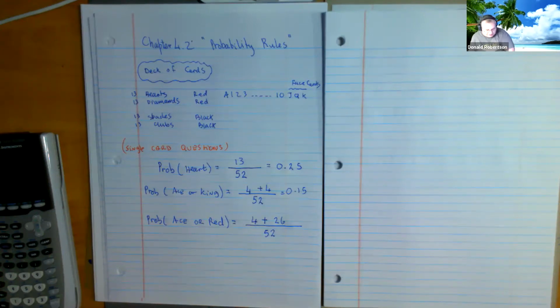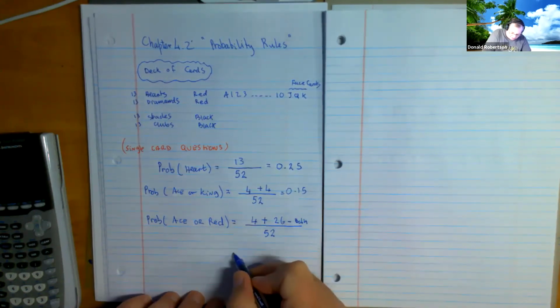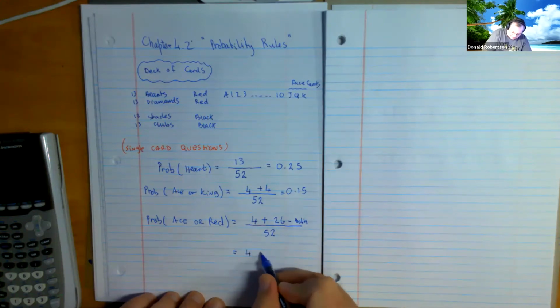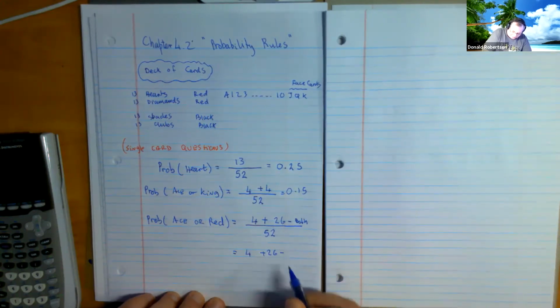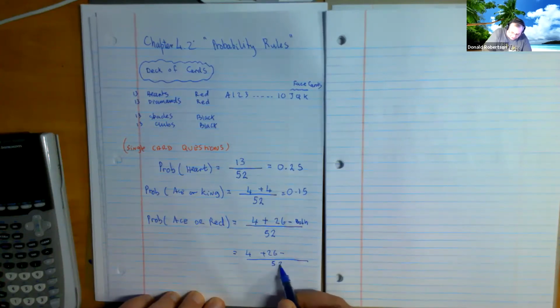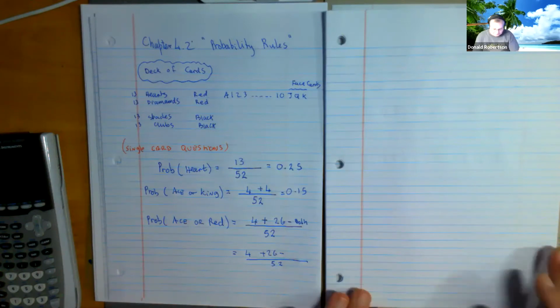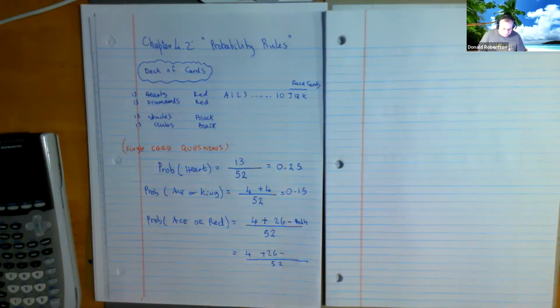And so you need to take away, and I'm just going to call it both right now. That's going to turn into a number in a second. I'm just calling it both. So how many of those cards are red aces, right? They're both things. How many red aces? How many are both things?